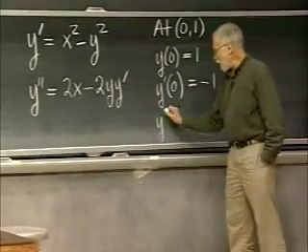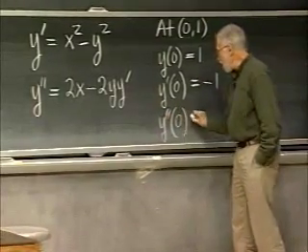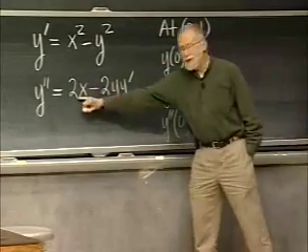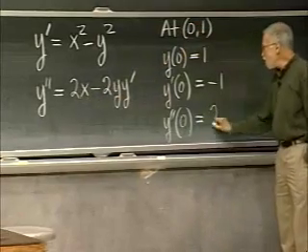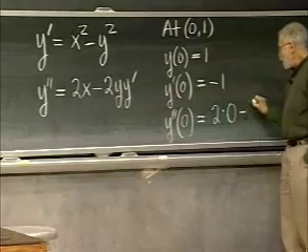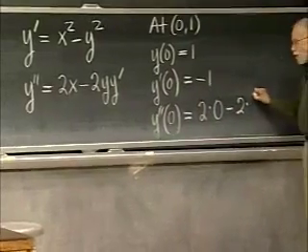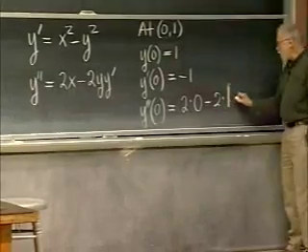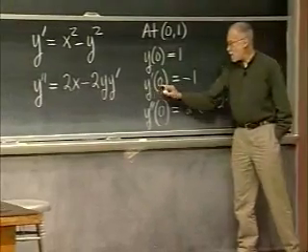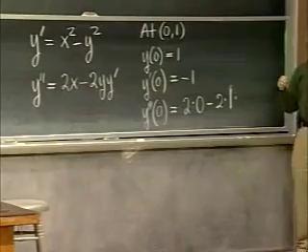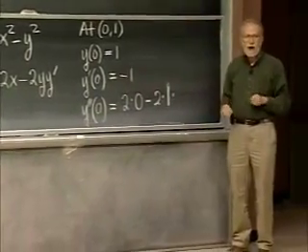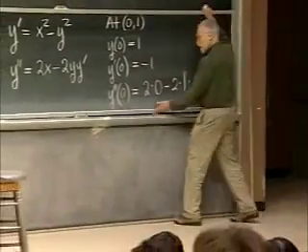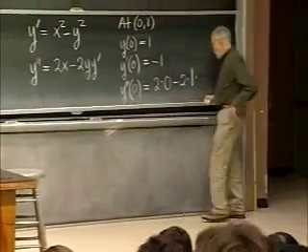And now the new thing is, what's y double prime of 0? Well, it is 2 times 0 minus 2 times y, which is 1, times y prime, which is negative 1. You want to see we're pulling ourselves up by our own bootstraps, which is impossible, but it is not impossible because we're doing it.